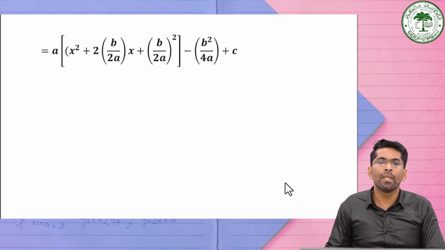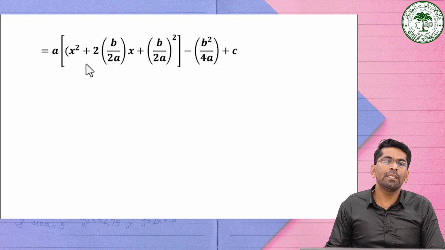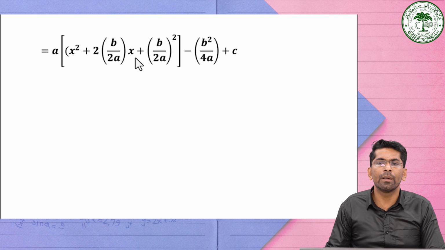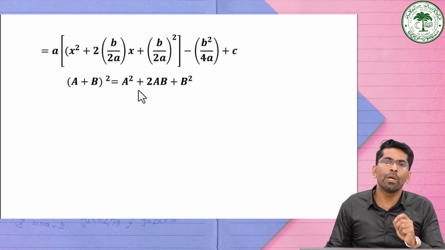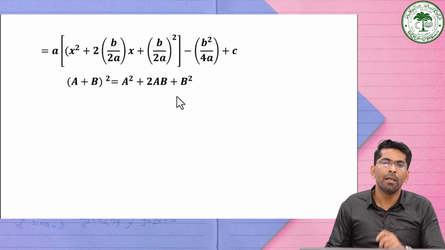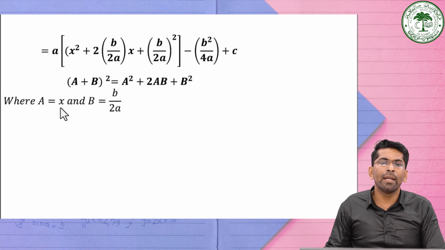Now look at this particular term. We know this is a complete square term. The first term is a complete square, just like a plus b whole square. We know a plus b whole square is equal to a square plus 2ab plus b square. So here we are assuming that a is equal to x, and b is equal to b by 2a.